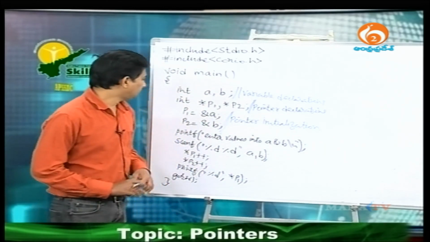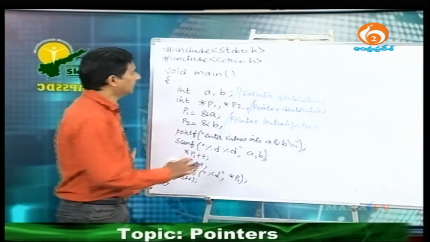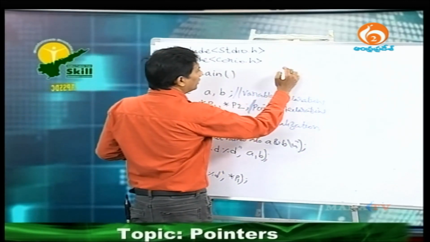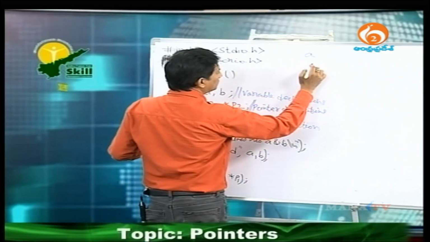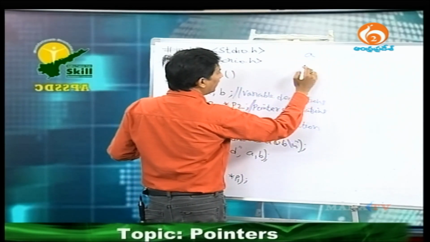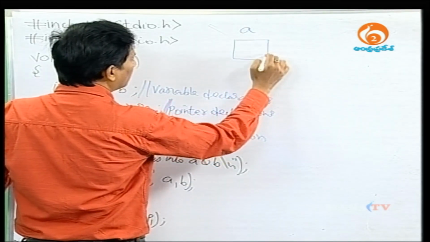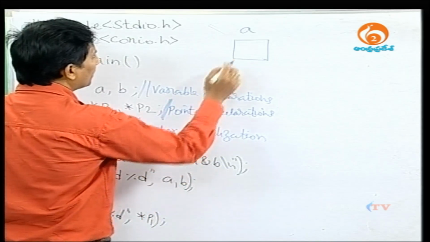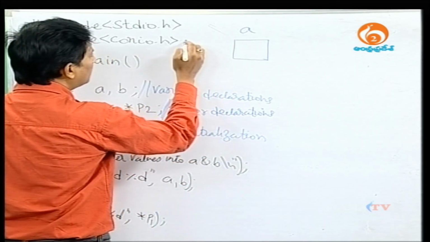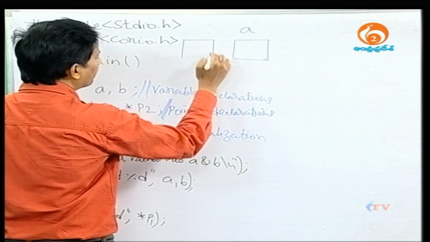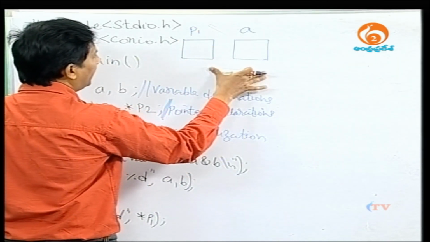Next, P1 equal to ampersand A. Now you just see here, A contains some value. This is A, and this is P1.